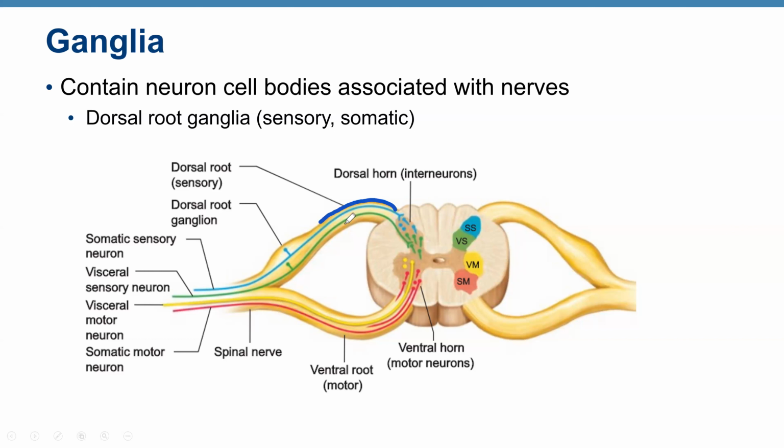In a dorsal root, you have fibers of sensory neurons. So they carry information toward the spinal cord. Also, you have this structure called the dorsal root ganglion, where you will find cell bodies of sensory neurons. So dorsal root ganglia contain cell bodies of the somatic and visceral sensory neurons.